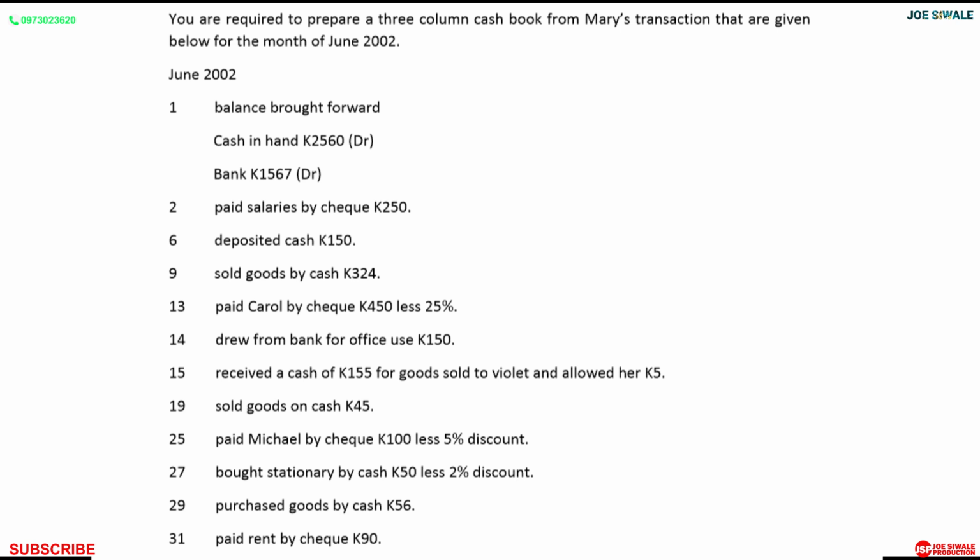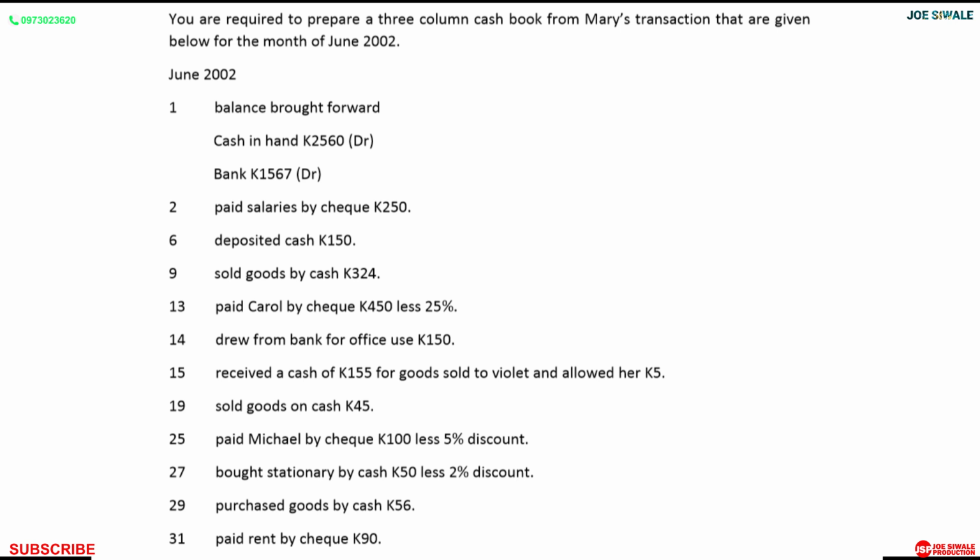Then on the 13th of June, paid Carol by check 450 less 25%. So this type of transaction is taking money out of the business. That means that we're going to credit the bank account. And since we paid Carol, that means that we received some discount.